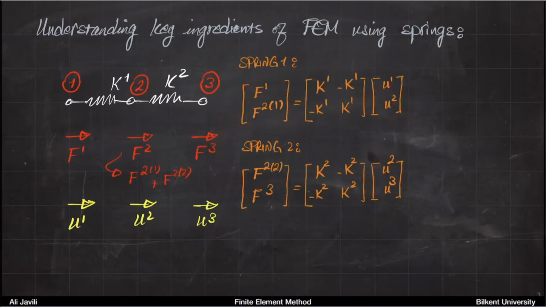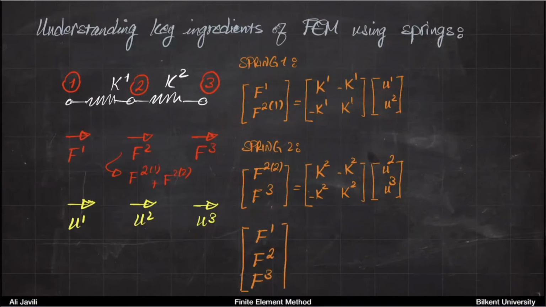So we want to write that stiffness. If I write that stiffness, it's going to look like this. F1, F2, F3.